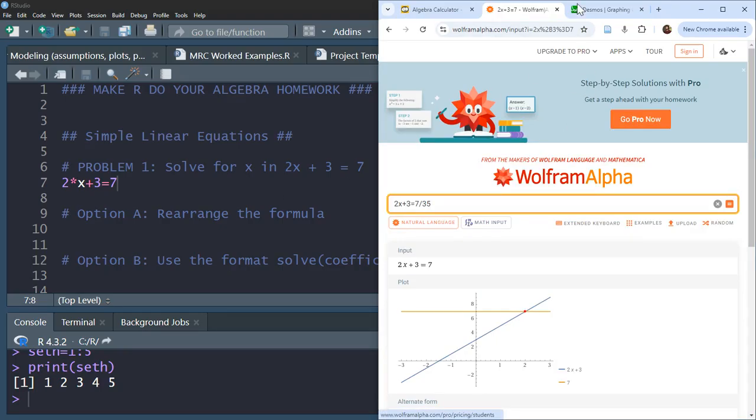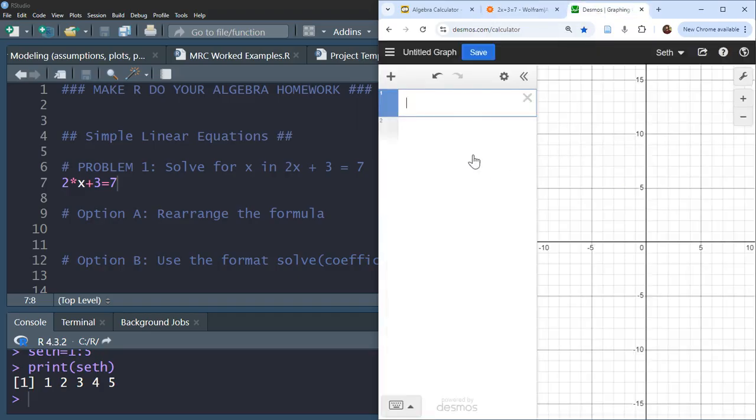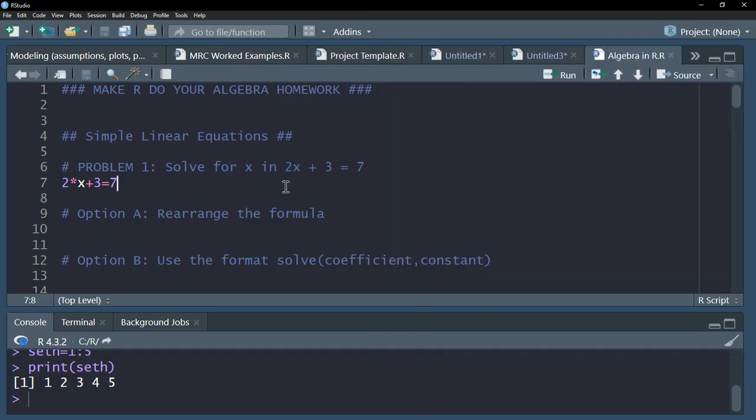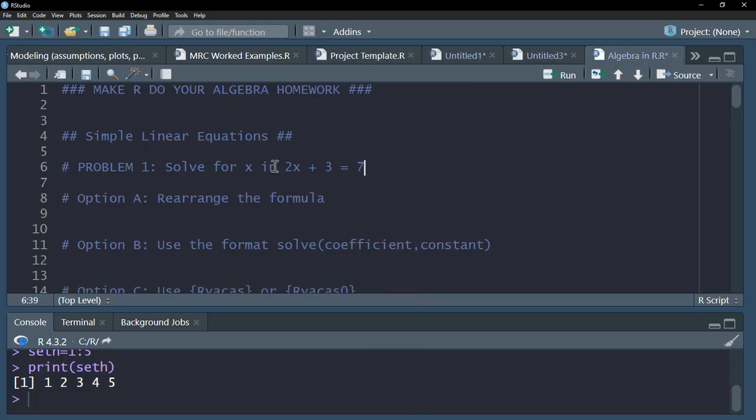Anyway, we could also solve it in Desmos. We could say 2x plus 3 equals 7. That describes this line, which intersects the x-axis at 2. So all three of these ways are way faster. But again, we're trying to build some fluency in R, or at least that's how I'm justifying the fact that I decided to make this video.